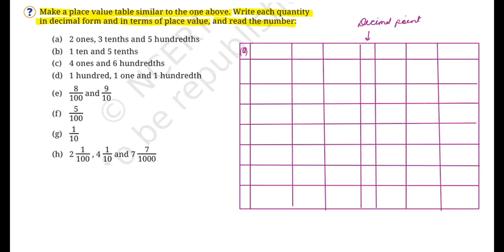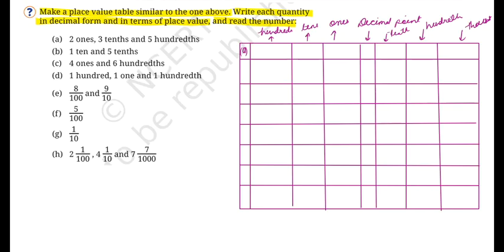So here is a decimal point. Then here it will be ones place. Then tens. And then hundreds. Because these many type of numbers are given जो हमारे यहाँ तक sufficient होंगे. Then this will be tenth. This will be hundredth. And this will be thousandth.